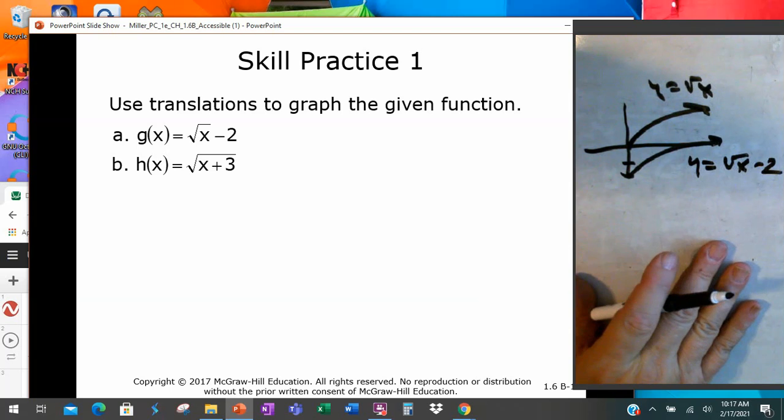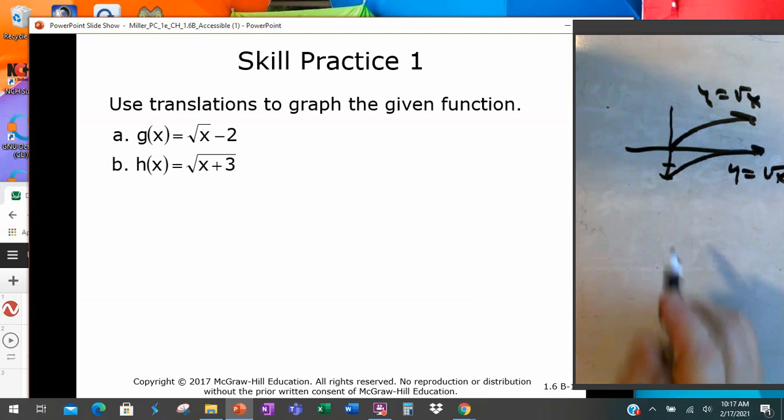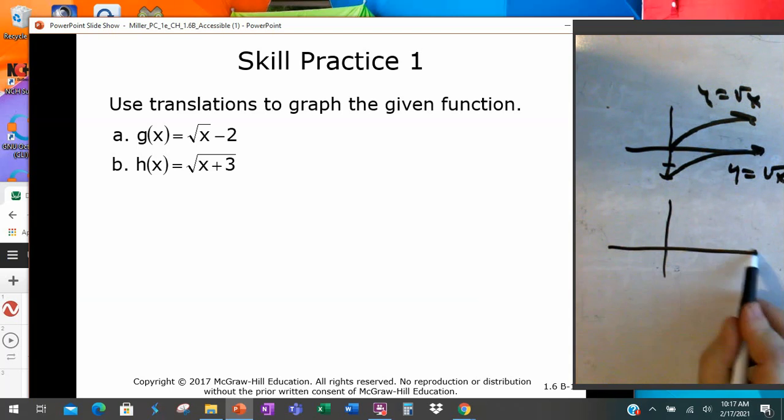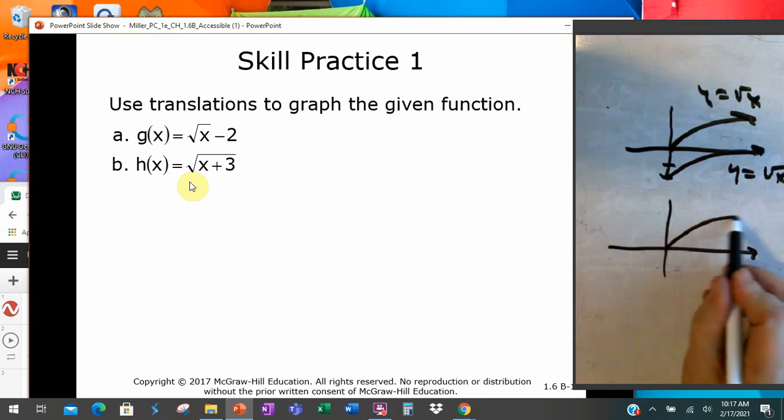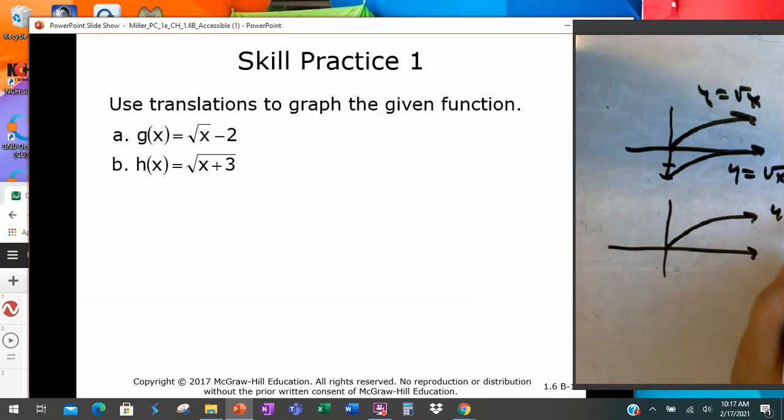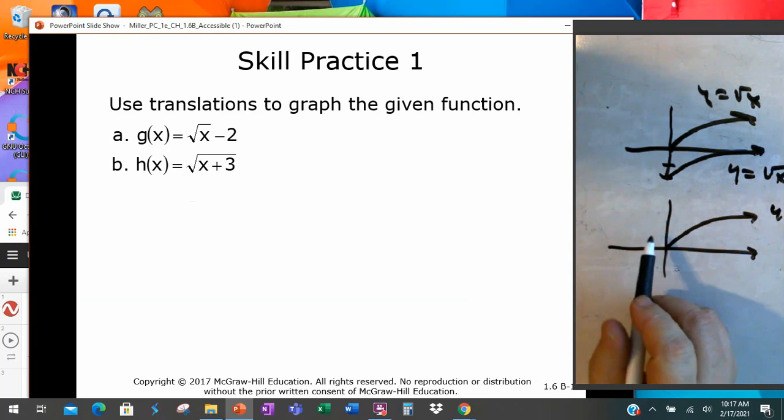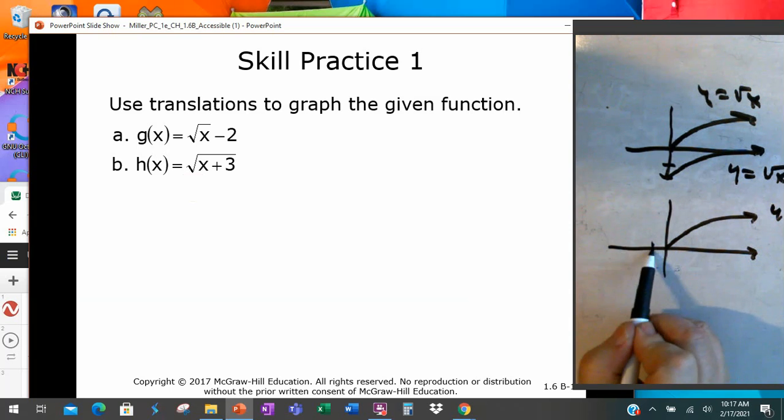The square root of x plus 3, you see this is under, so I'm modifying the x value before I do the base function. So that's inside. Here would be my base. If I do the square root of x plus 3, I'm moving over 3.